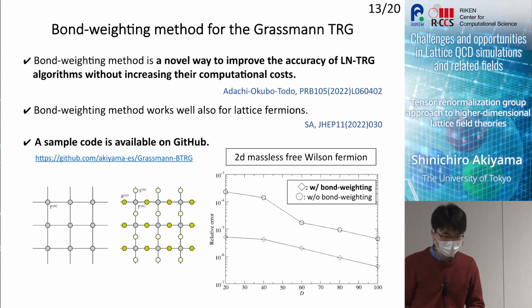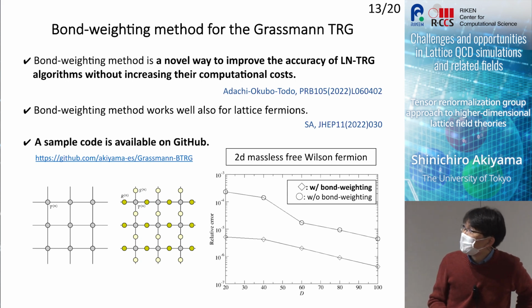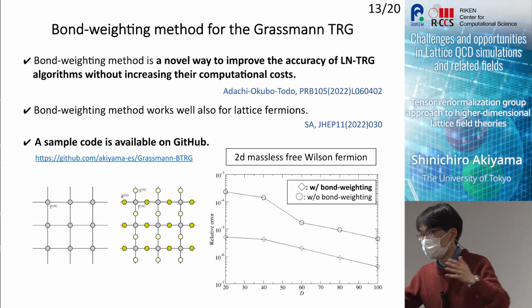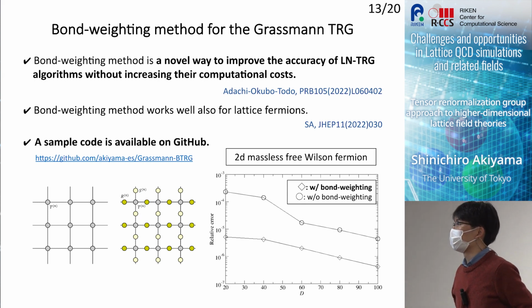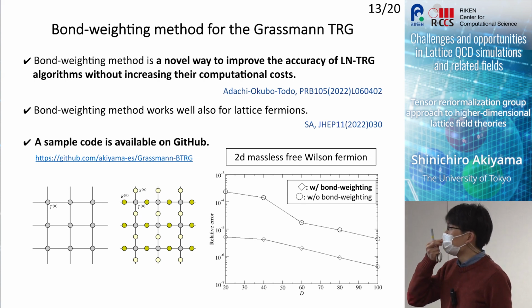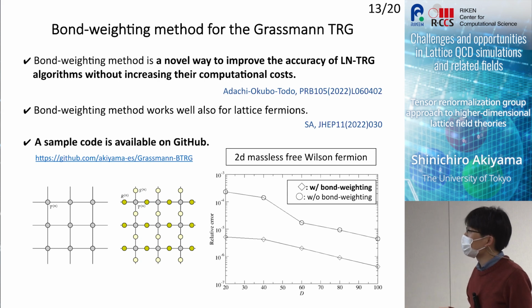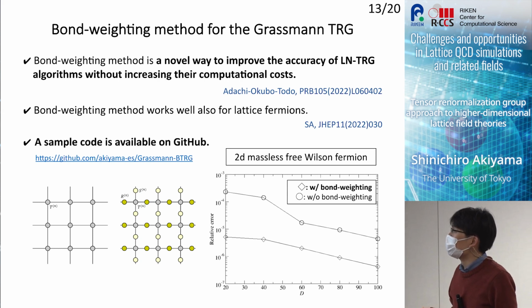Okay. And here is a little bit different topic, but as I said, any TRG can be extended to evaluate fermionic path integrals. Recently, these people proposed a novel way to improve the original TRG. This improvement technique is called the bond weighting method.